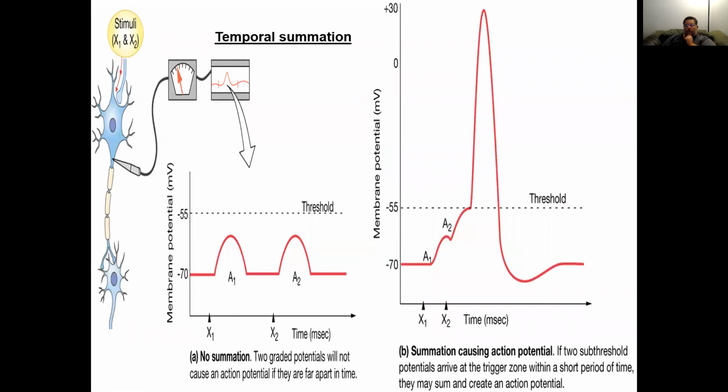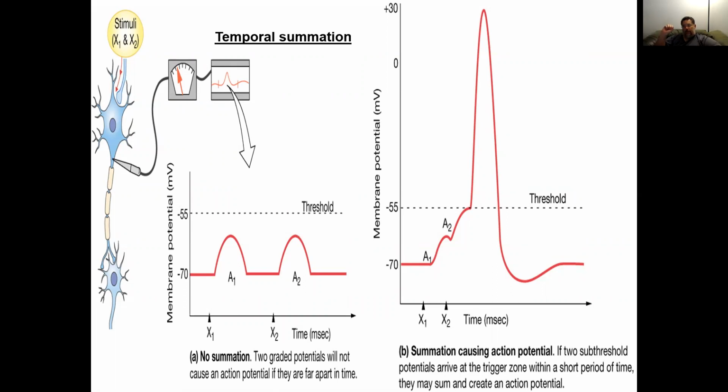Now, temporal can also be combined with spatial, but temporal is referring to time. In this case, we're just looking at one neuron, but it could be multiple neurons still involved. We have a neuron whose action potentials are pretty spread out, so they're traveling down the axon pretty far apart.